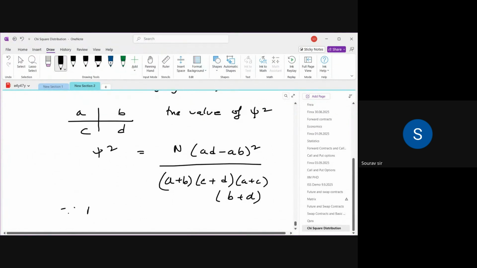And here, what is the N? N is A plus B plus C plus D.